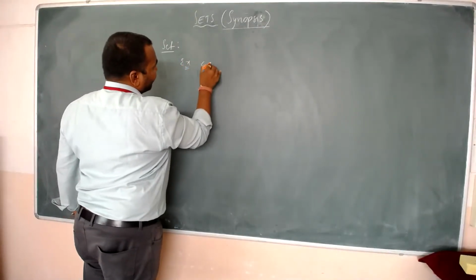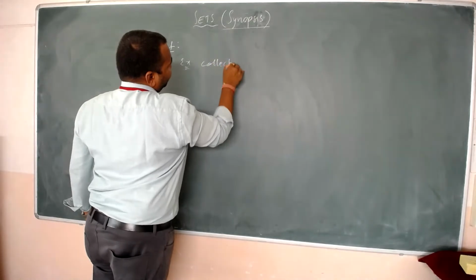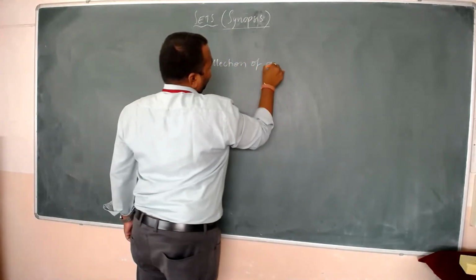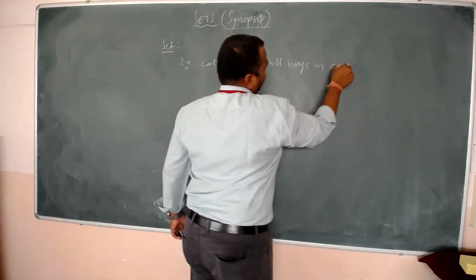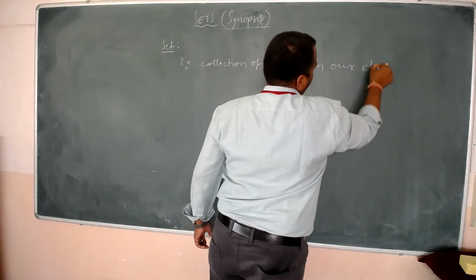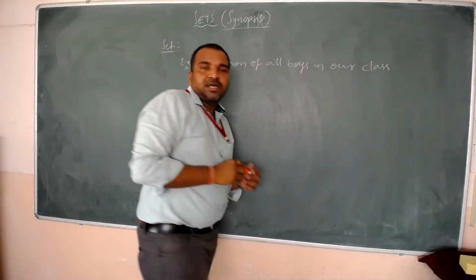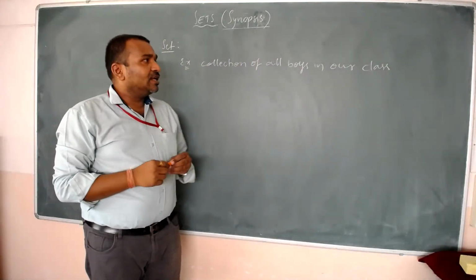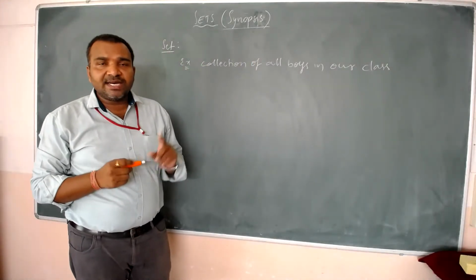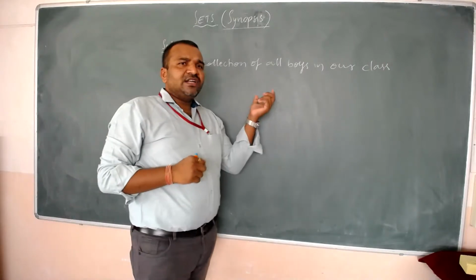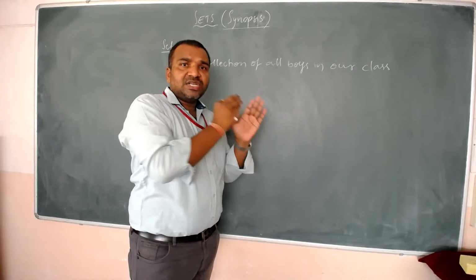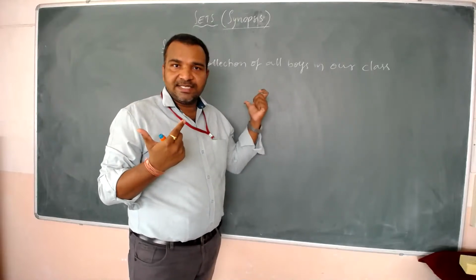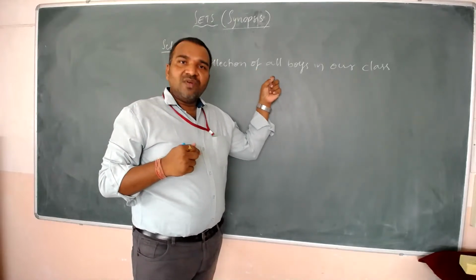Example: collection of all boys in our class. It is a well-defined collection because we can definitely decide whether a boy belongs to the collection or not. That's why it is a well-defined collection.